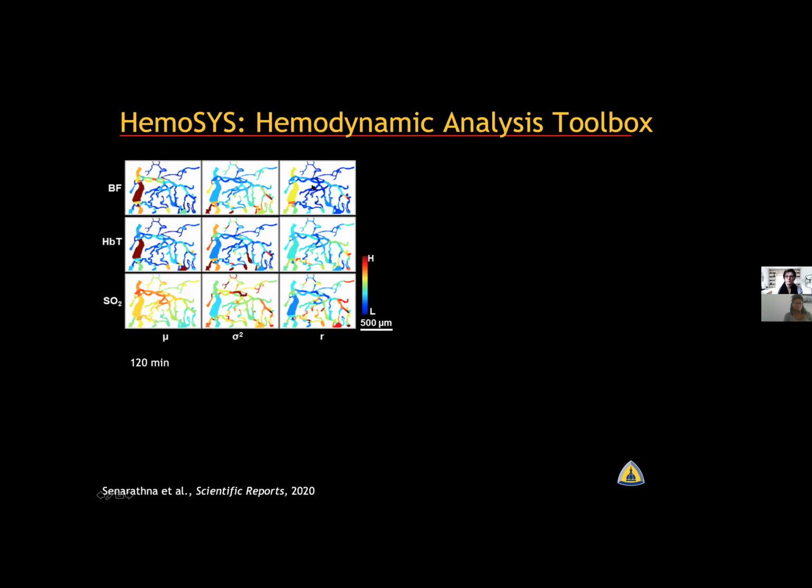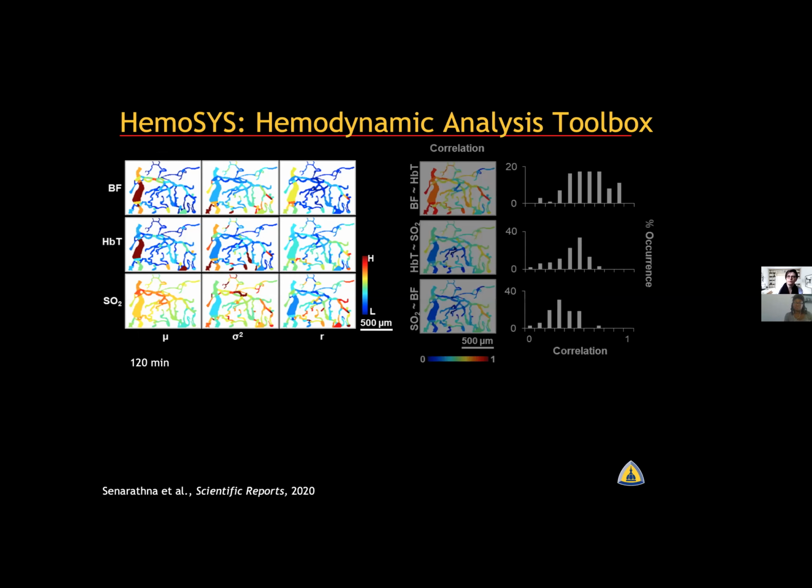The top row maps blood flow, the middle row blood volume, the last row oxygen saturation. And what we can see in the first column, which is the mean value of each parameter in each vessel segment. So we can see blood flow is high in this vessel segment, low in the others. The blood volume is also high here and the oxygen saturation high here too. This is the variance in those parameters and this is the power ratio of those two parameters.